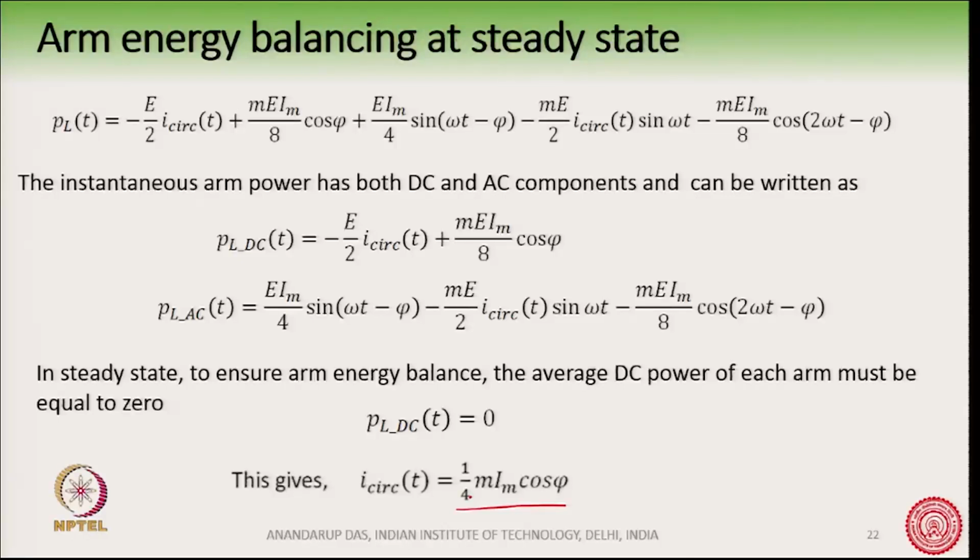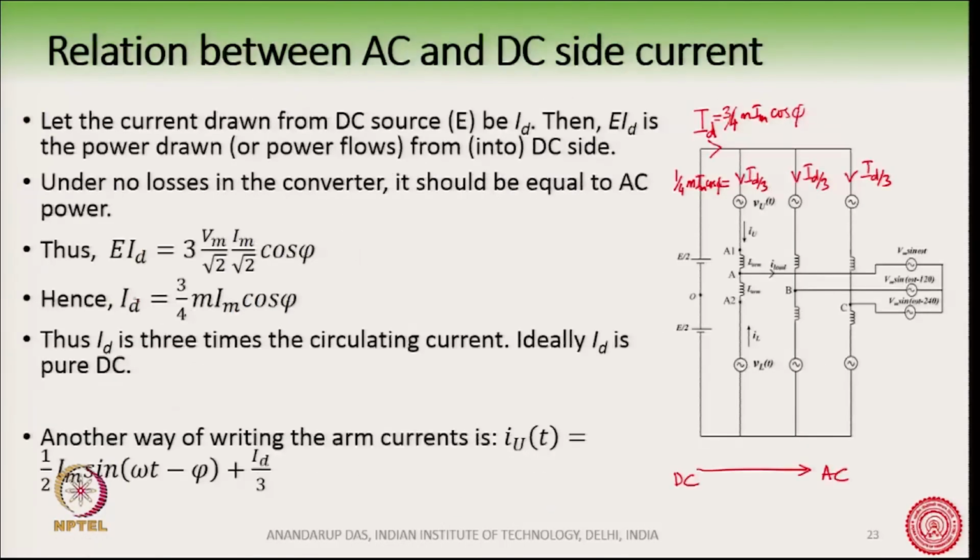We got it from the power balance, and we are also getting it from the overall power flow of the converter from the DC side and the AC side. Both ways we find that 1/4 m I m cos phi, this much DC current, is flowing through this here. So, we are very sure that what we are doing is correct. So, 1/4 m I m cos phi is the current which is flowing here, and the sum of these 3 is 3/4 m I m cos phi.